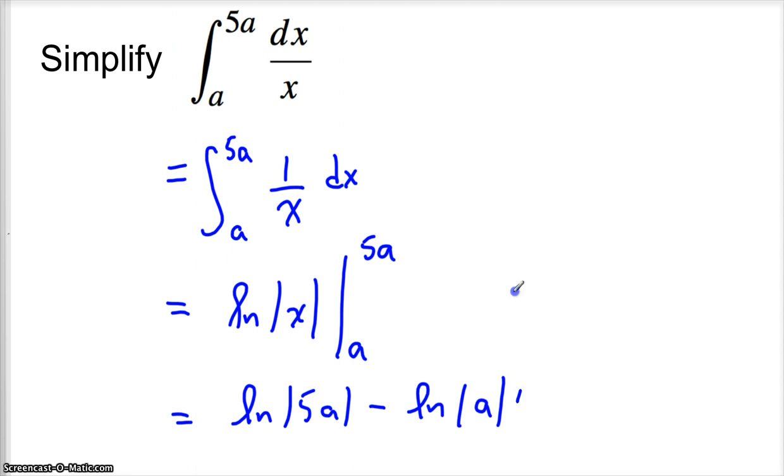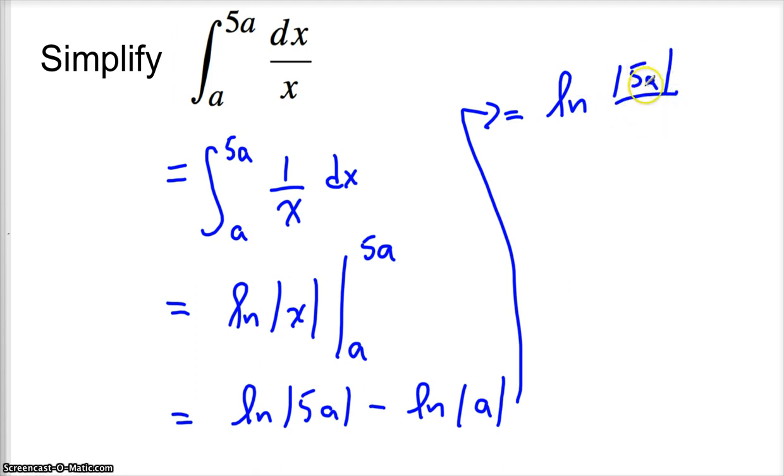Okay, so let's continue up here. Let's use some properties of logs. The difference of logs is the ln of the quotient of the two. So in this case, the quotient would be 5a divided by a. And let's continue here.